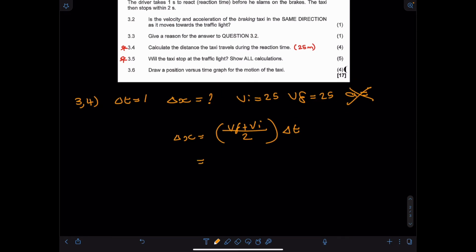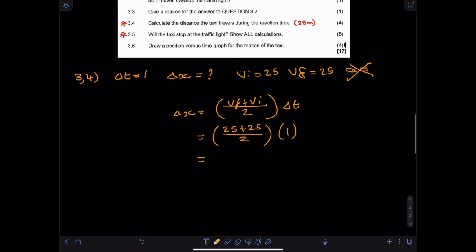Now it's just a matter of substituting. So what is our Vf? It's 25 plus 25 over 2, and our change in time is 1, okay? It's very important to take note of the way that I lay the questions out, because the markers will give you marks for writing out the formula, then substituting, and then your final answer.